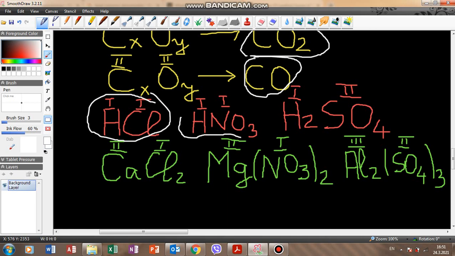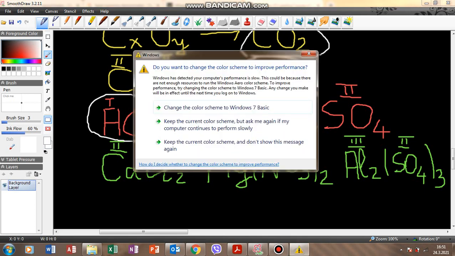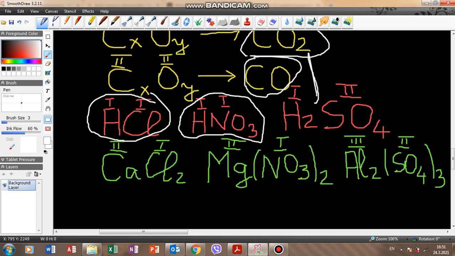In nitric acid, hydrogen has valency number 1, and the nitrate anion has valency number 1 also. That is why its formula is HNO3, and by knowing the number of hydrogen atoms inside the acid, you determine the valency of the acid's anion.